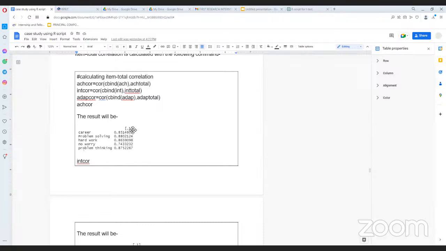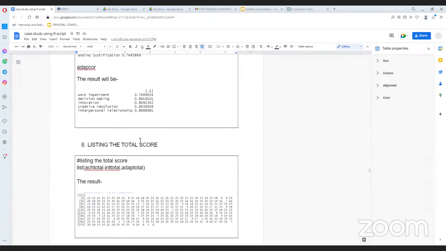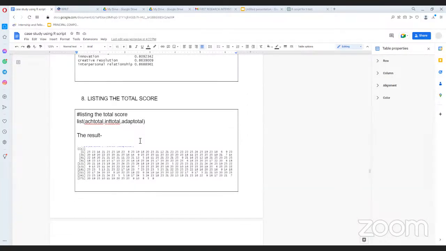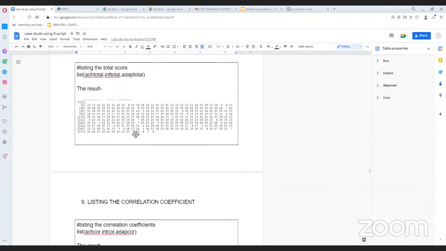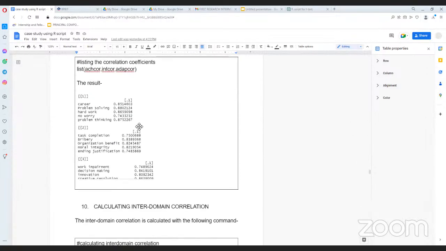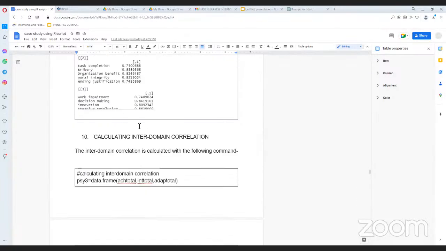So that is the result. Now here you can find out the total score. And this is the correlation coefficient, the item total correlation coefficient, this one.